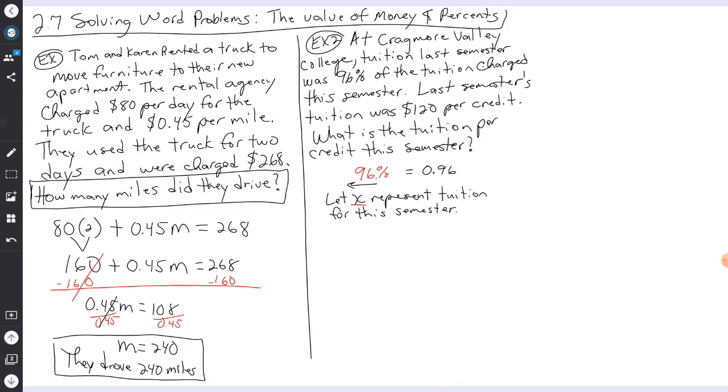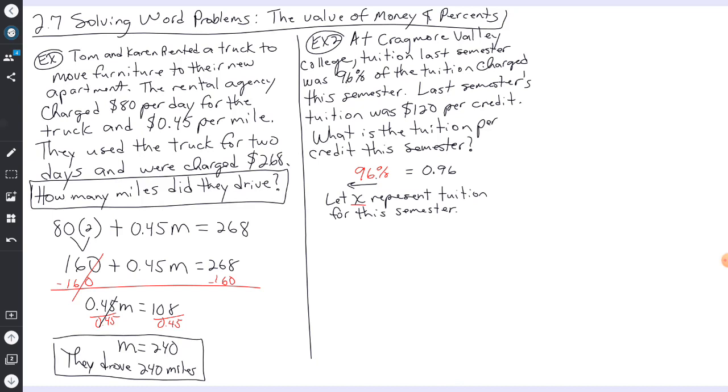So now we have our variable and we're told that tuition last semester was 96% of the tuition charged this semester. I heard somebody say 0.96x plus 120.